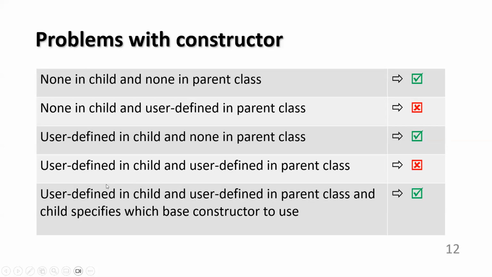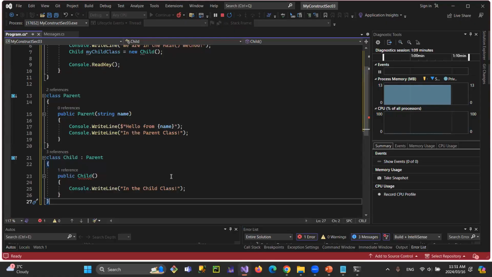It says that user defined in child and user defined in parent classes. But what is the problem in here? Excellent. We need to define a default constructor in parents, correct?